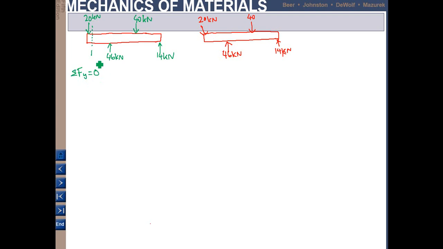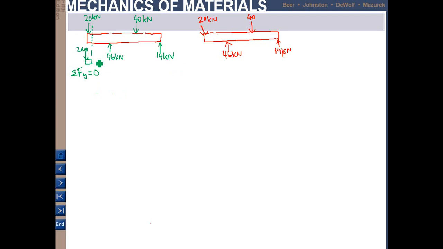So if you refer to the sign convention that I told you before, this is your part that you shear, and this is 20 kilonewton.